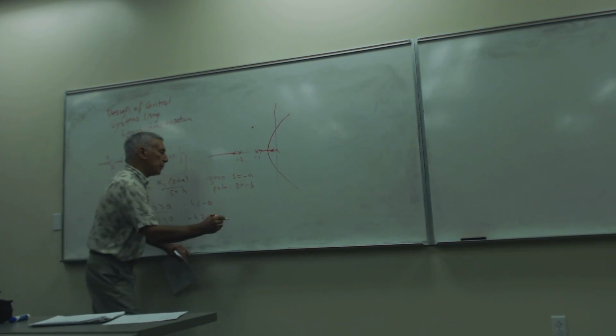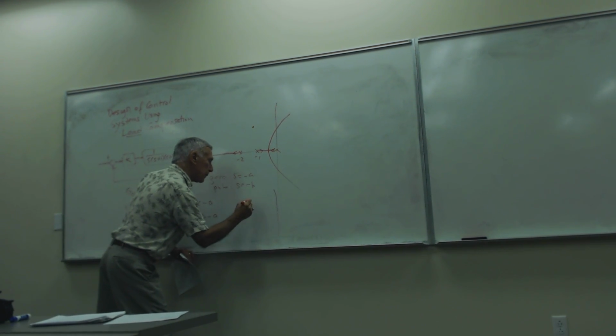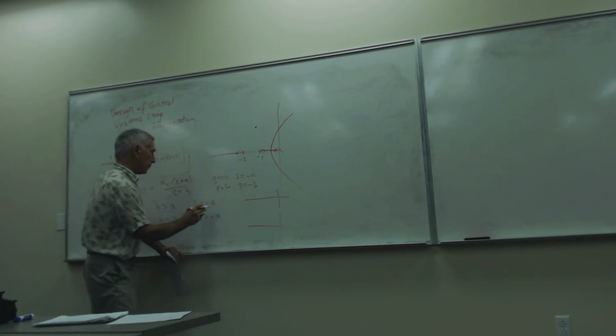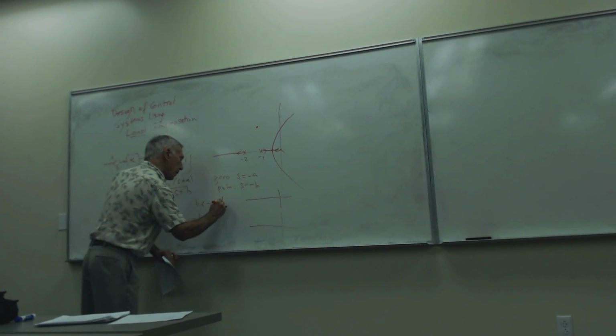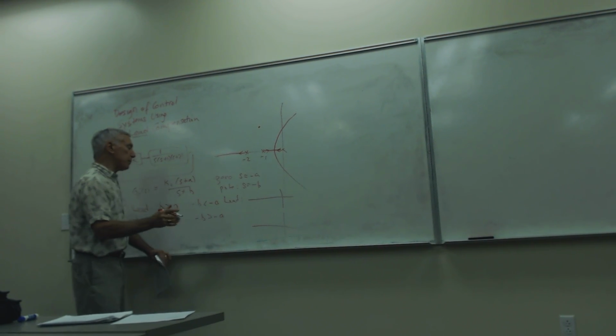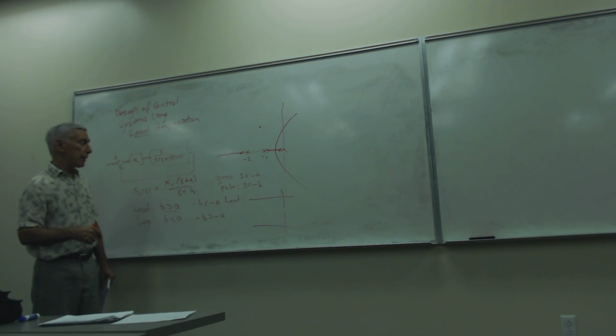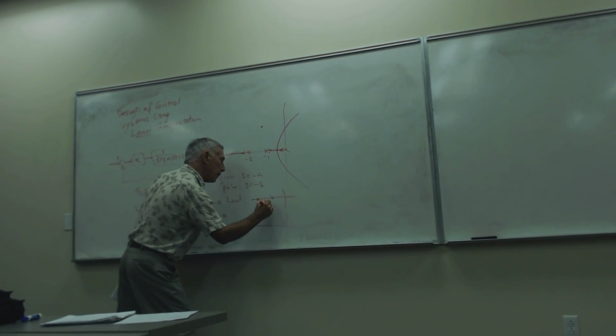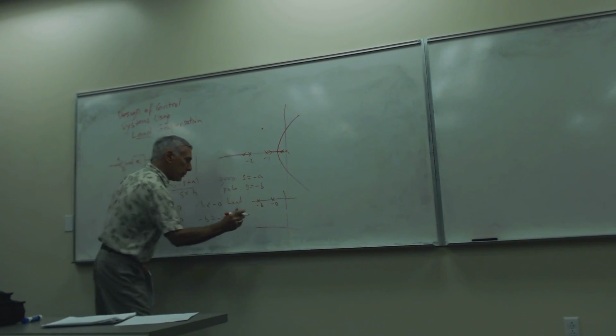If you look at these in the S plane, for the lead, minus B is less than minus A, which means the pole will be to the left of the zero.